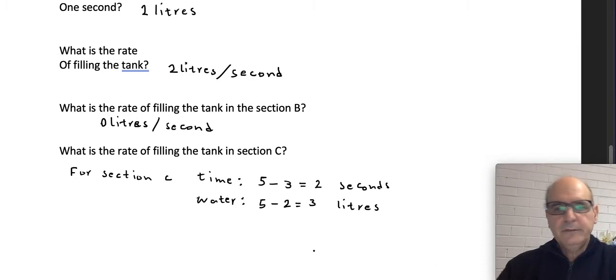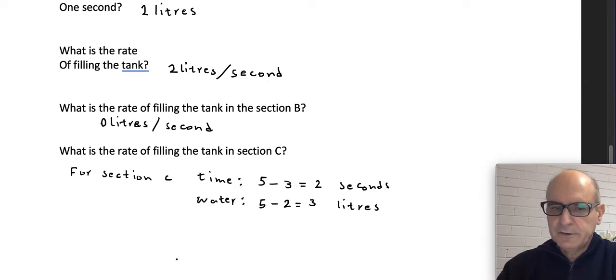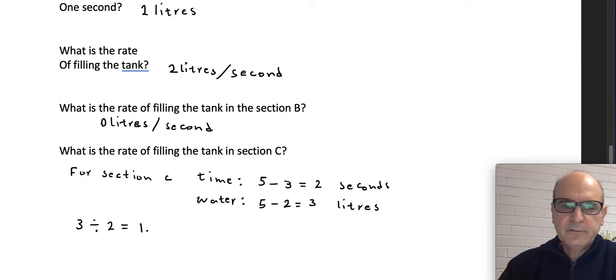Now, how do we say that in terms of rate? In rate, we're talking about second without a number, which means only 1 second. I've got 3 liters in 2 seconds, so I need to divide 3 by 2 to see how much I get for 1 second. That is 1.5.